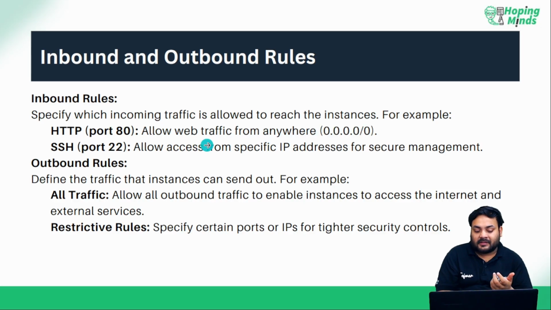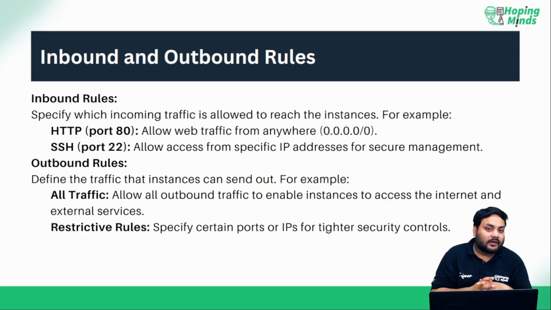We are specifying which incoming traffic is allowed to reach which particular instance. Then we have the outbound rule, which defines the traffic that the instance can send out. In inbound the traffic is coming in, in outbound the traffic is going out. So we have some rules here, and some techniques by which we can manage, or route, our traffic.